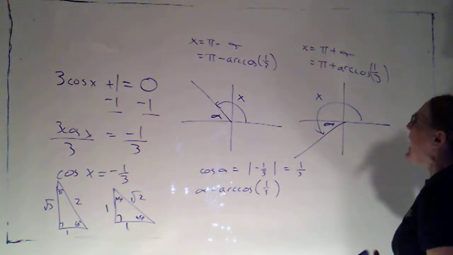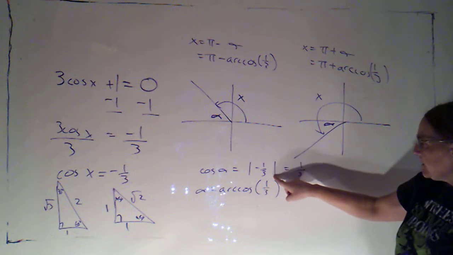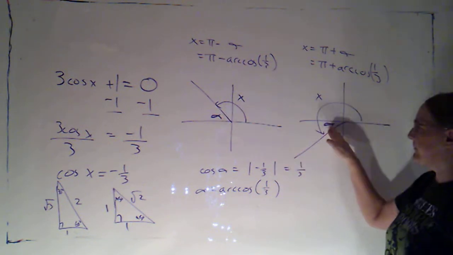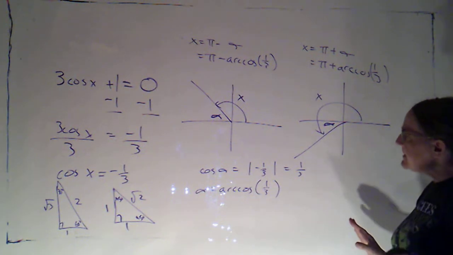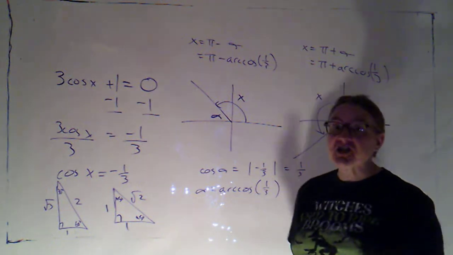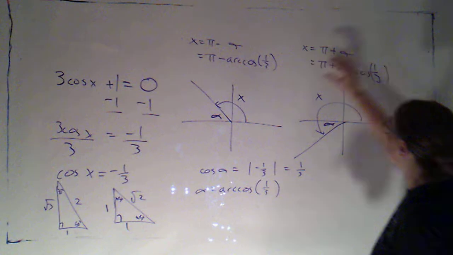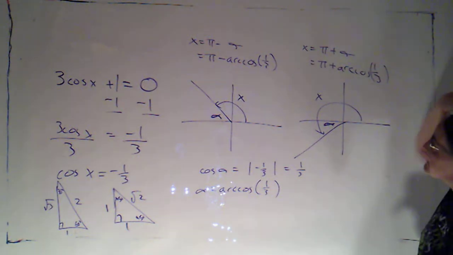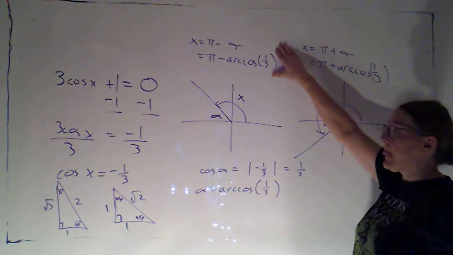Now, I ended up taking the absolute value here because that way I was able to get the reference angle, because I needed the reference angle in both quadrants. In this case, this angle x is actually just arc cosine of -1/3. So that would be another way that I could write this one. I could have just written arc cosine of -1/3.